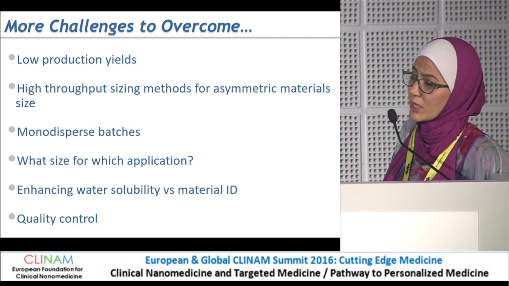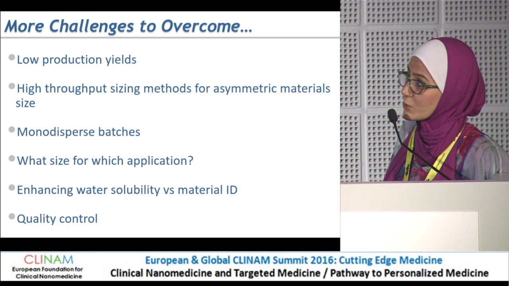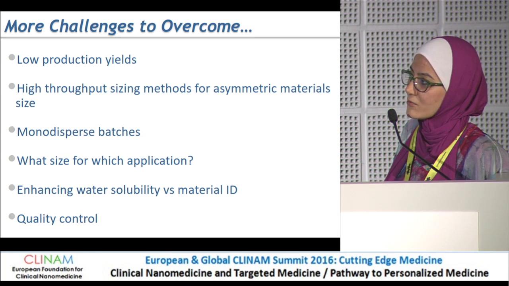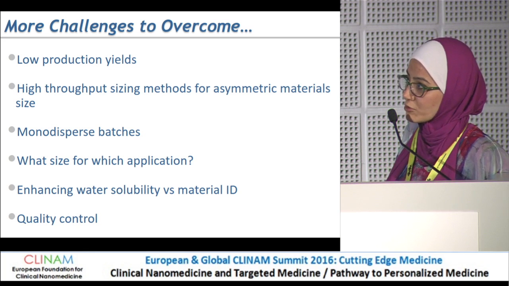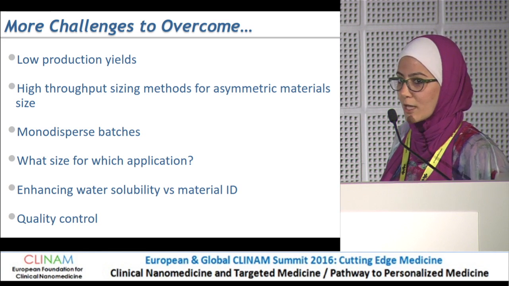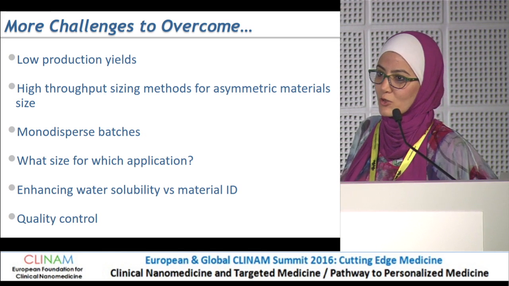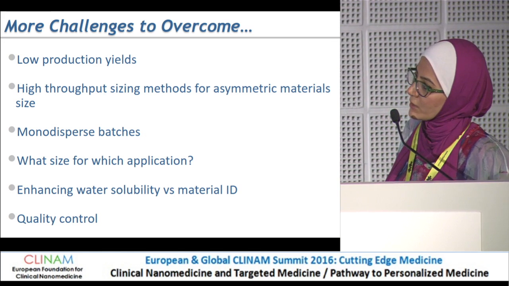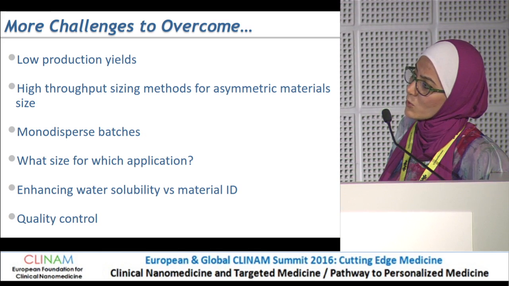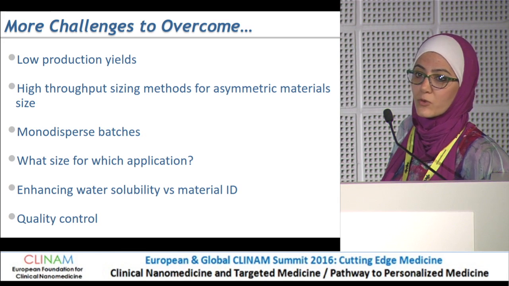Size is important. We have a variably dispersed size, and I think this is very important to control before we draw broad conclusions on toxicity or say that carbon materials are immunogenic or any of these statements. We need to decide on what size for which application.